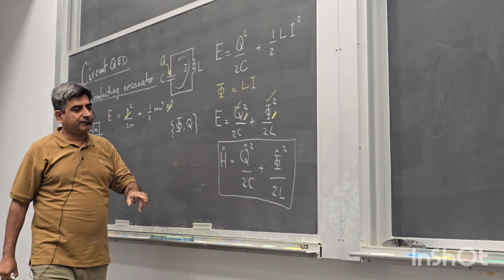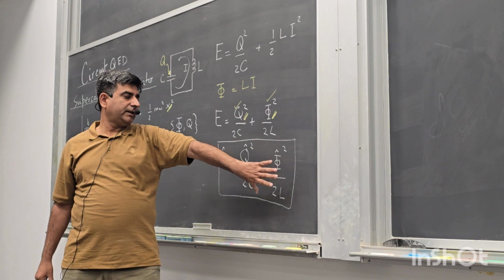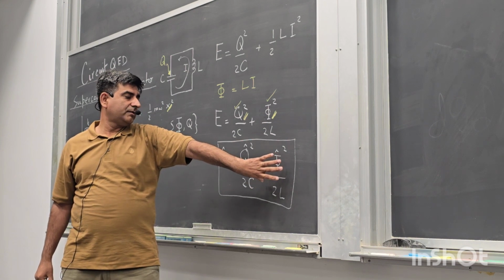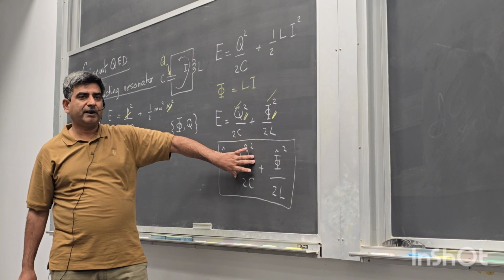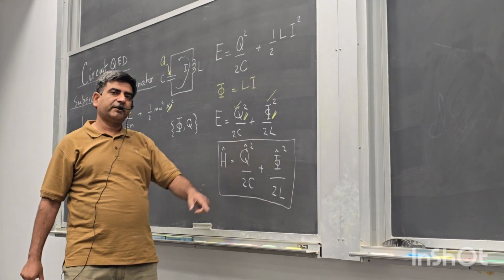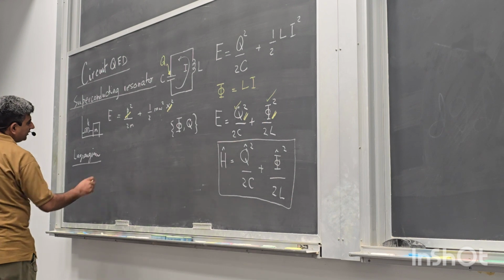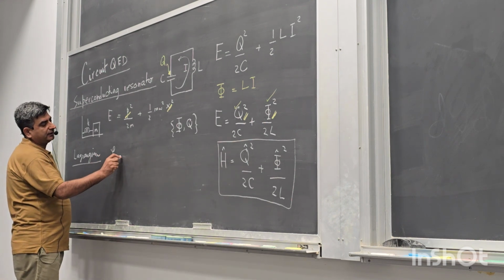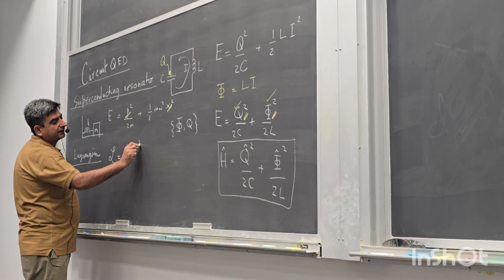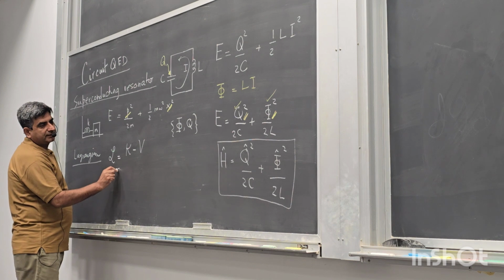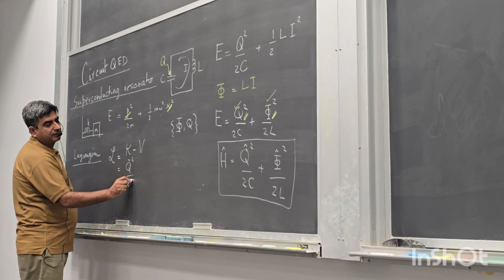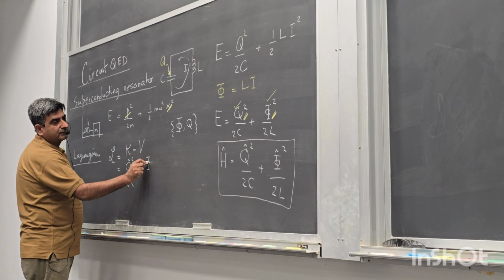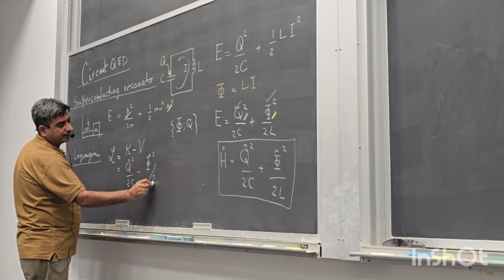So likewise, this part is the potential energy, and this part is the equivalent of the kinetic energy. So I can write a Lagrangian for this system, which is the kinetic energy minus the potential energy, and that will be given by q squared over 2C minus phi squared over 2L.